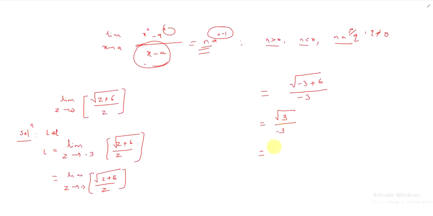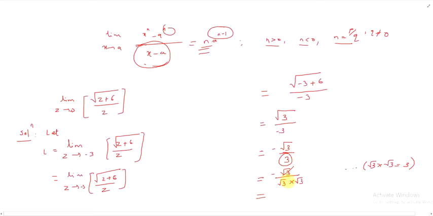Therefore, rationalizing, we can write this as minus root 3 upon 3. But this 3 can be written as root 3 into root 3, because root 3 into root 3 is equal to 3 by laws of indices.